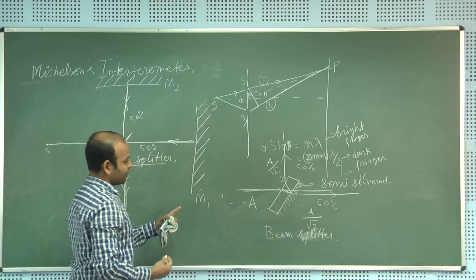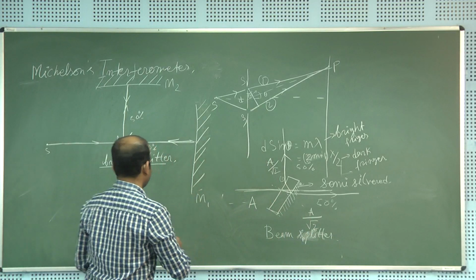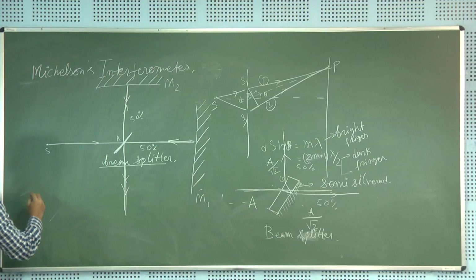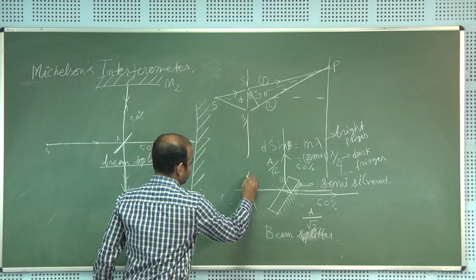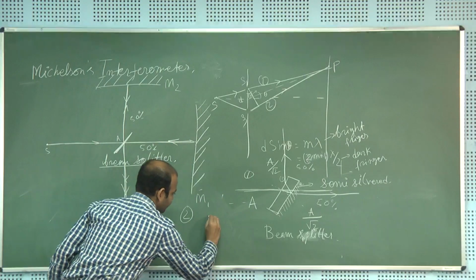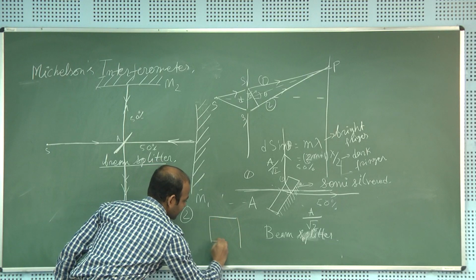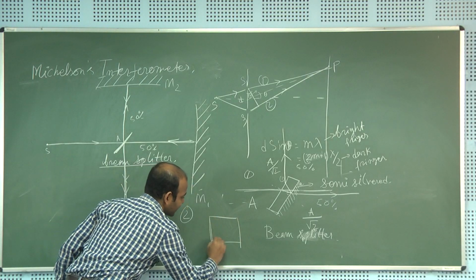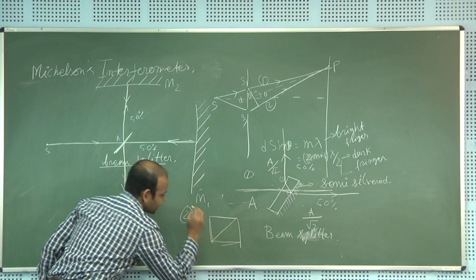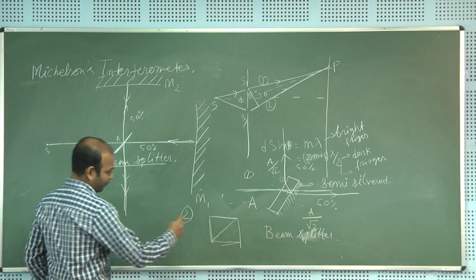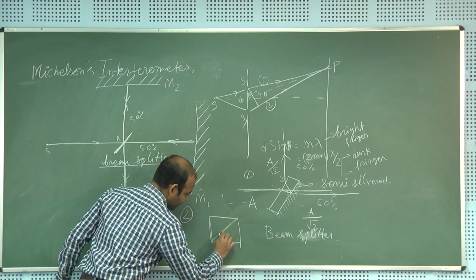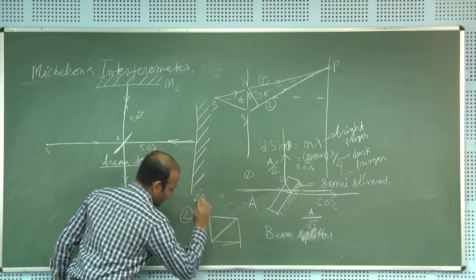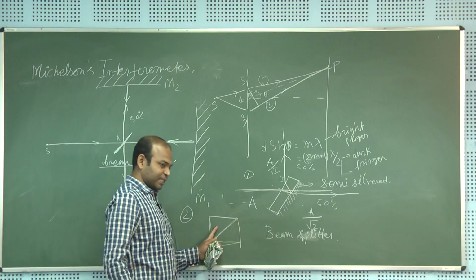There could be other kinds of beam splitter. This is another kind where it is like a cube, and at the body diagonal you can make some deposition, and that can also behave like a cube beam splitter.